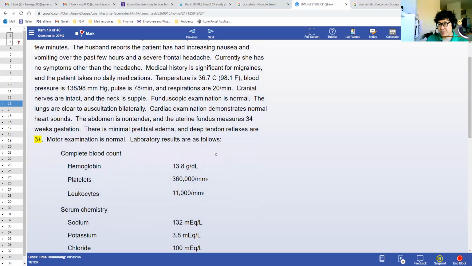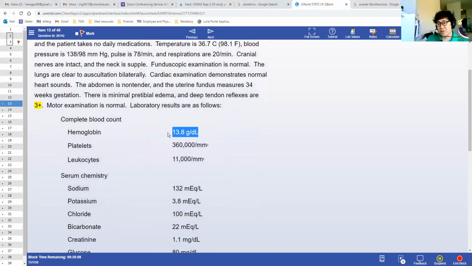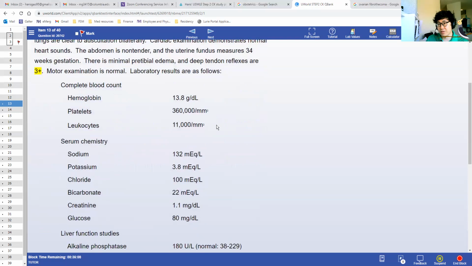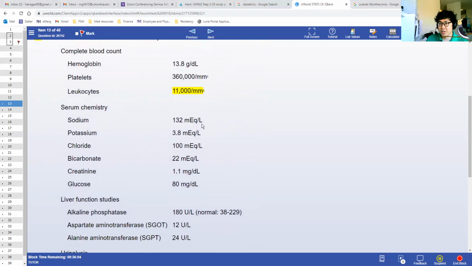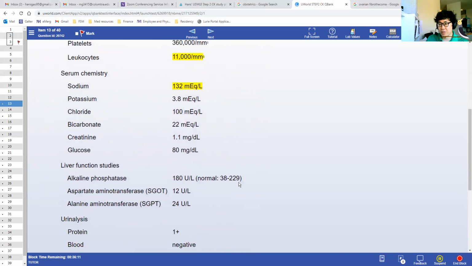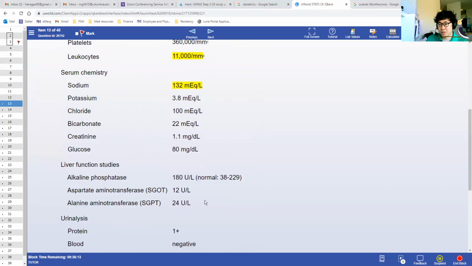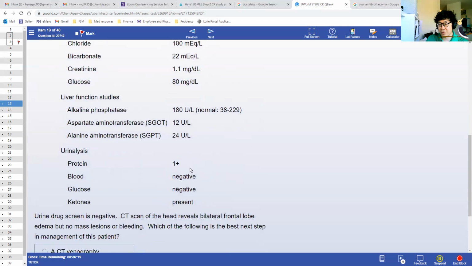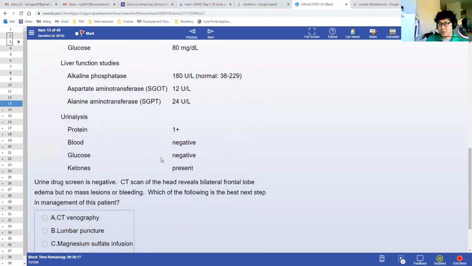Not sure if this is pathologic or not. Lab results, hemoglobin looks good, platelets look good, leukocytes slightly high, but not super concerning. Slightly low, but not super concerning. Good, good, good. Protein 1 plus, not too worried.